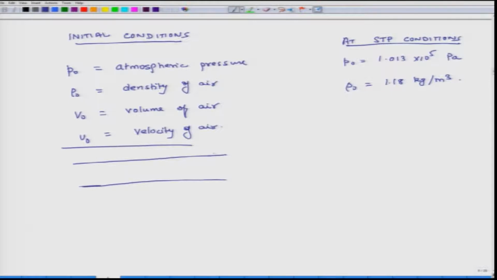Initially in the duct there is no sound, and this is x equal to 0, and then the source generates some sound at x equal to 0. When this small disturbance is created, the pressure in the entire tube after some time will be different. So, we will write down the equations for that.